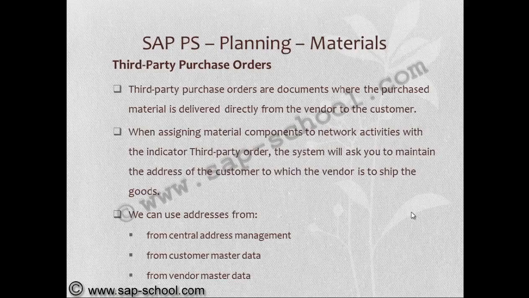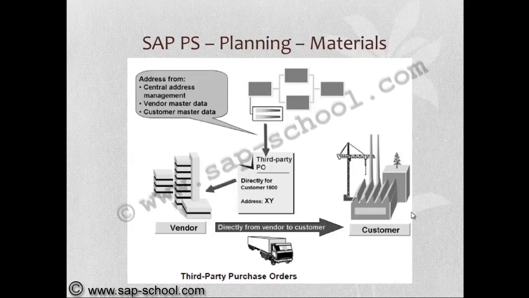We can get the address from central address management, customer master data, or vendor master data. So whenever we select a third-party purchase order, the material will be redirected directly to the customer by the vendor itself.